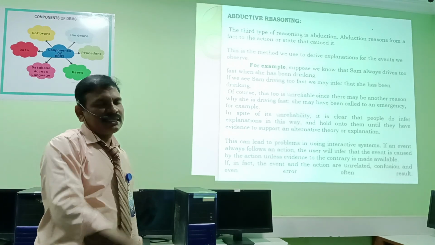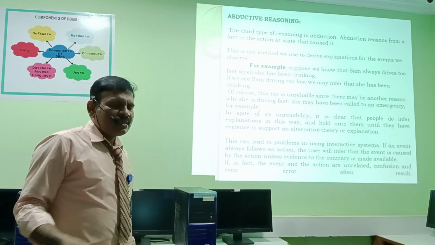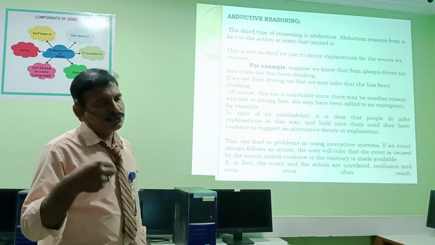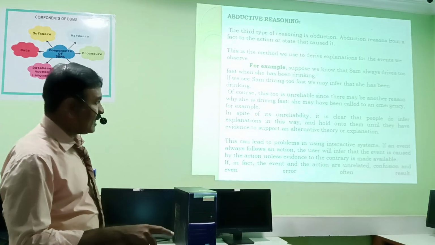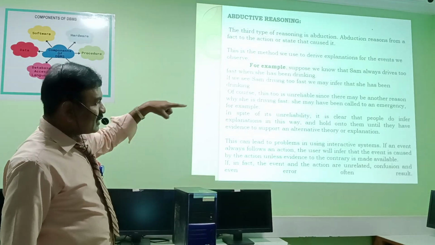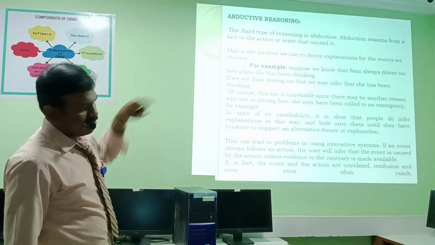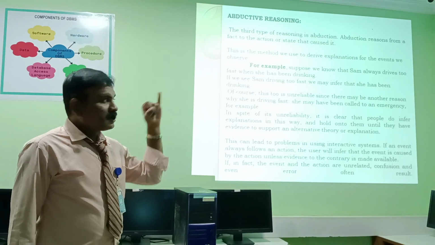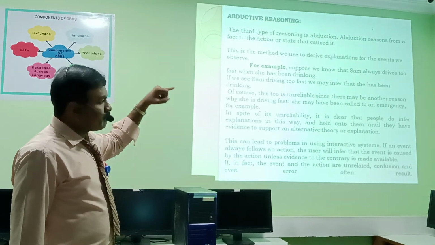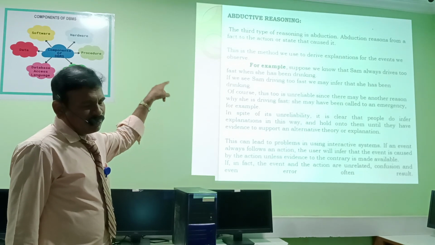If someone interrupted, then Sam may drive too fast. In the third category, the first two statements are unreliable and do not match. The first reason is that she is drinking, which is why she may drive faster.